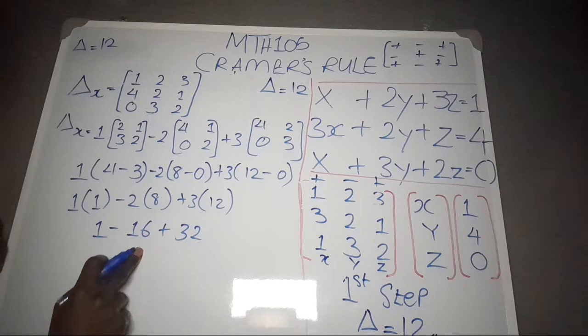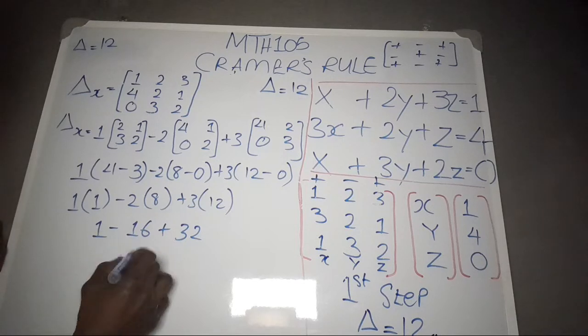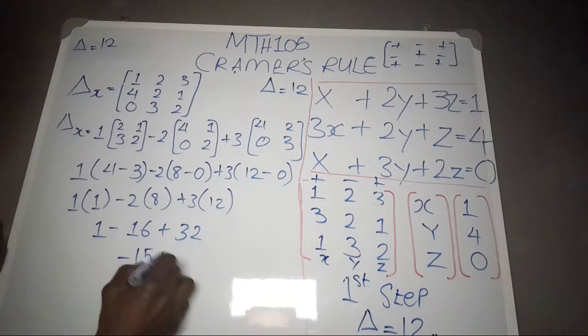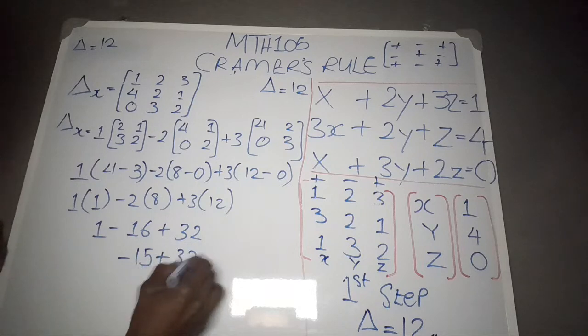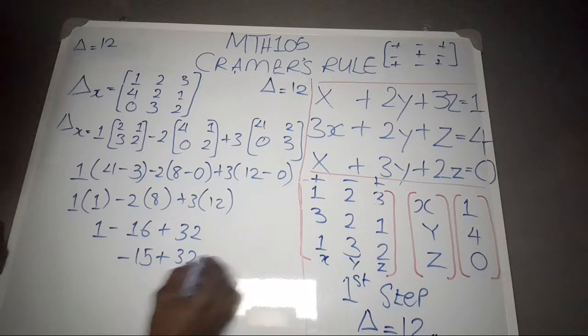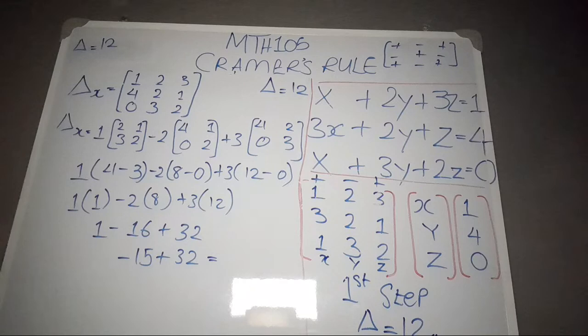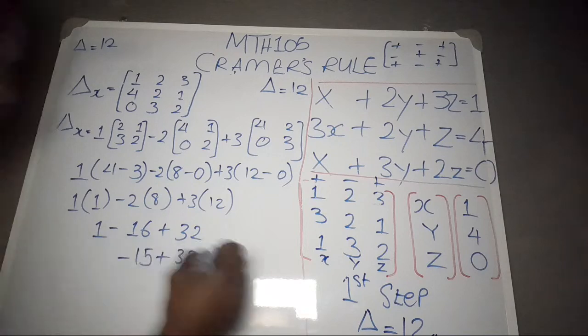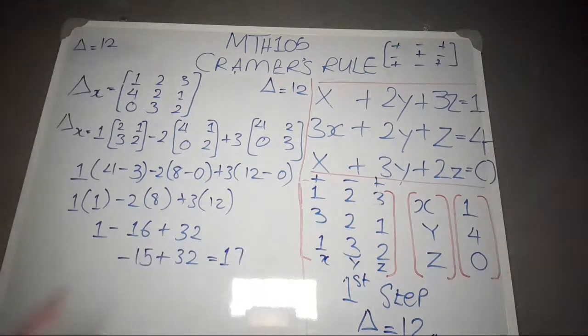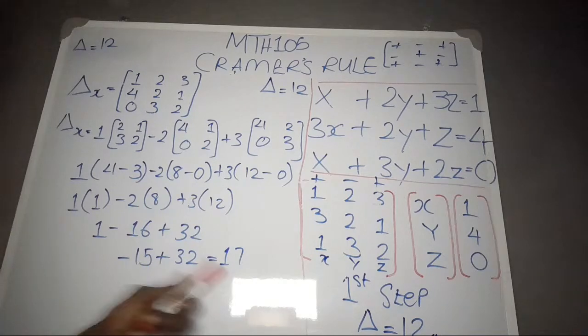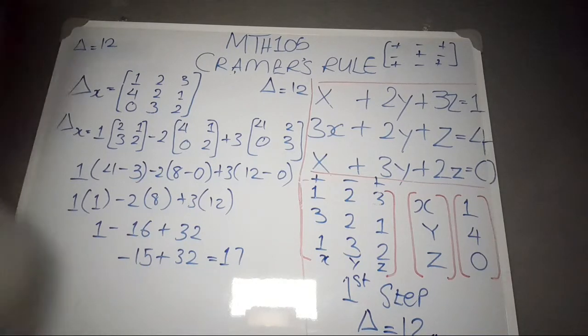When you remove it from 16, that should give you minus 15 plus 32. So 15 from 32, let's say 15 from 30, that gives us 15. So this should be 17. Negative 15 from positive 32 is 17.